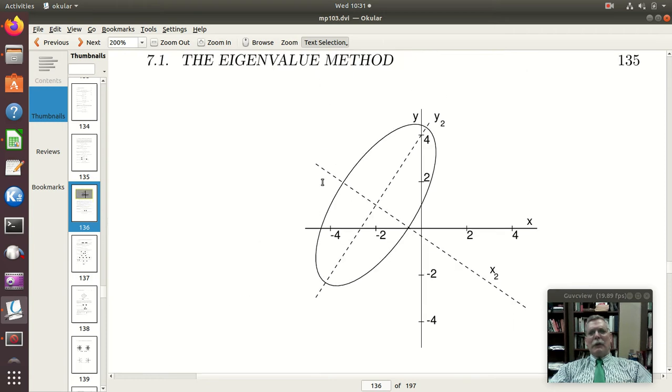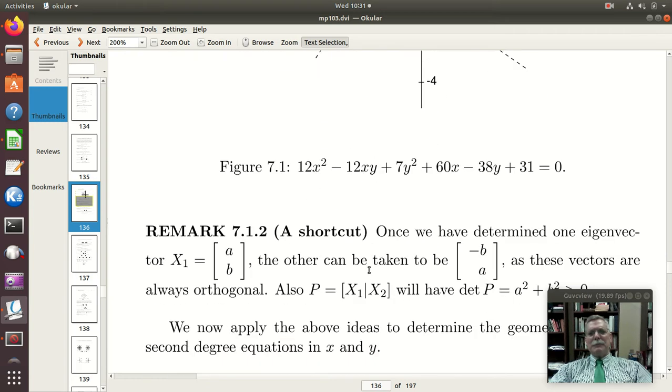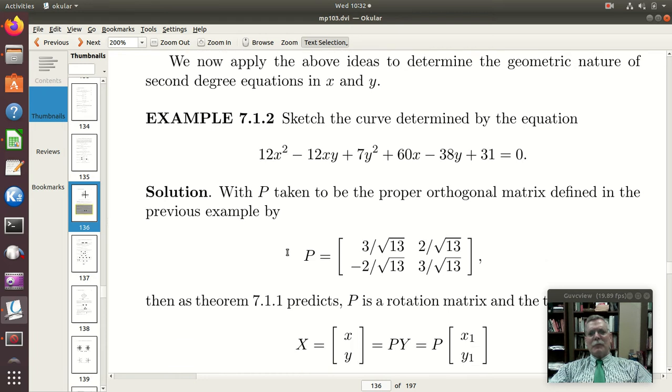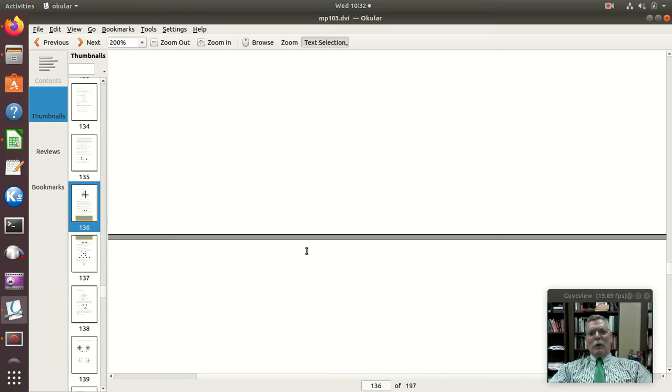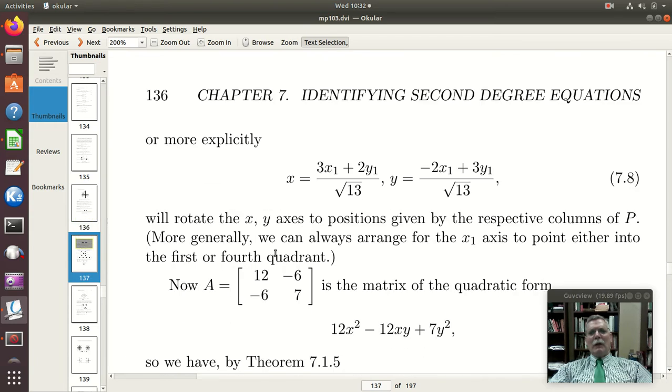We have this ellipse that they're looking at, and we want to undo that rotation, and so we do the transformation of P. So we say let x equal P times some x1, y1, and y be P times x1, y1.